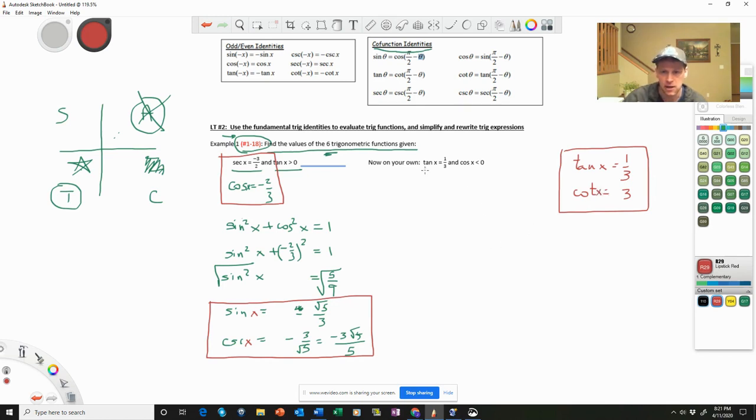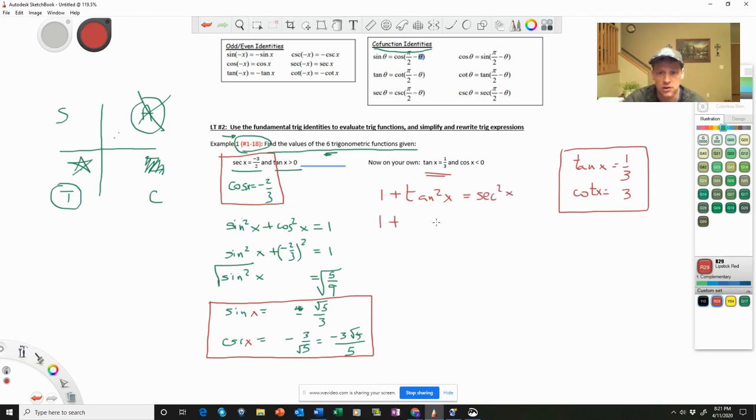So let's see. What trigonometric identity can we use with the tangent? I'm glad you asked. We could use another Pythagorean identity. And this time we can write it this way. We can write 1 plus the tangent squared of x equals the secant squared of x.